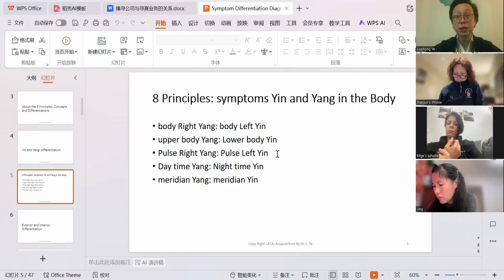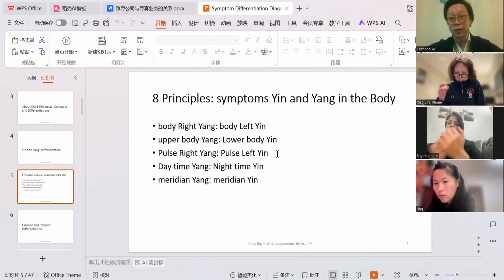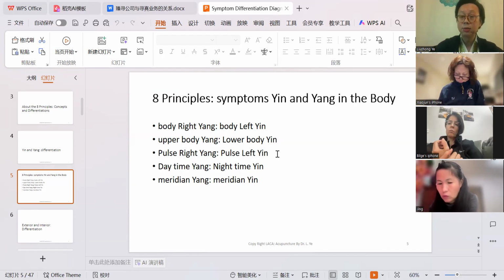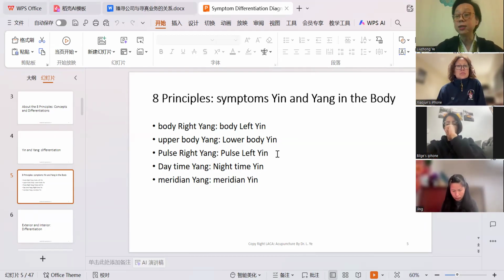Yeah. And then even when the person says cold or hot, if it's a cold person, the pulse will be slower. A hot person will be faster, but mainly also right side stronger tends to be more yang qi and heat. Left side will be more cold and yin. The pulse itself can give you the idea. And daytime symptoms will be more yang.